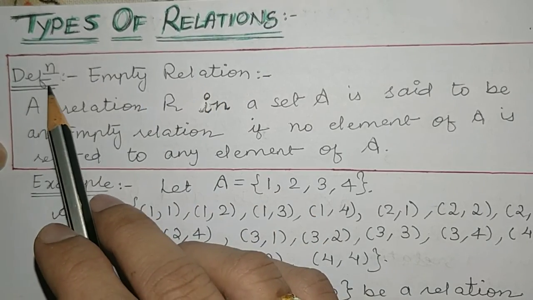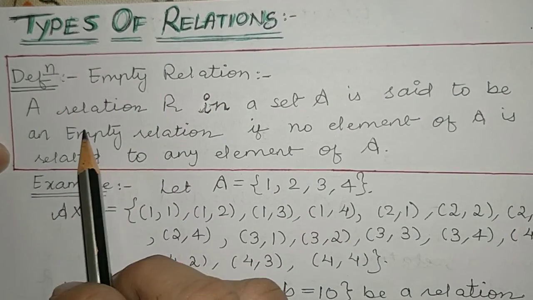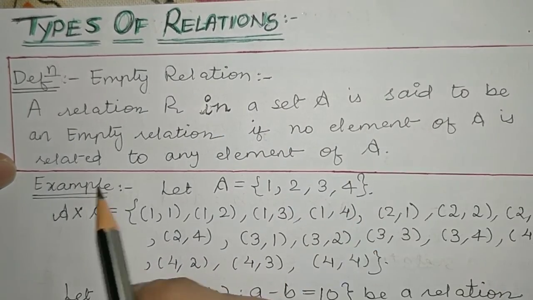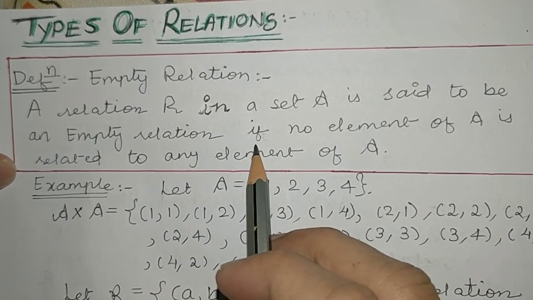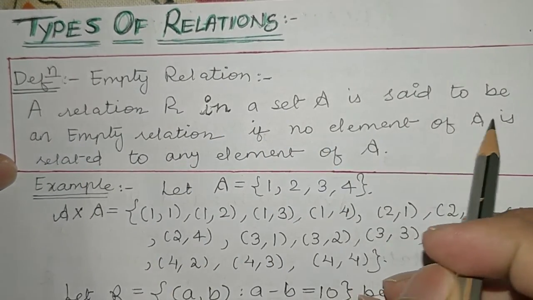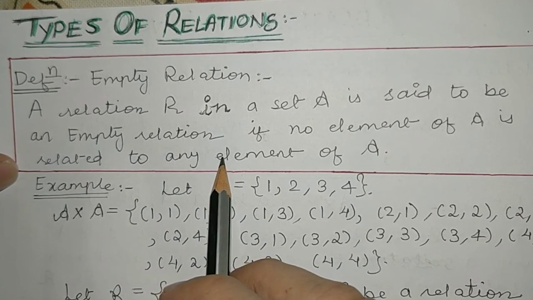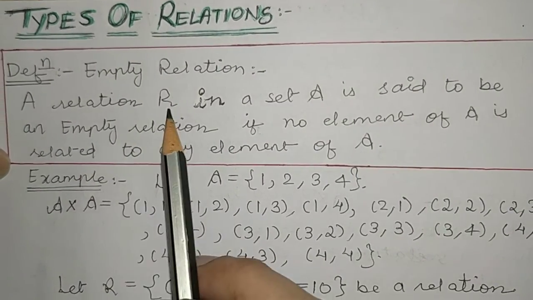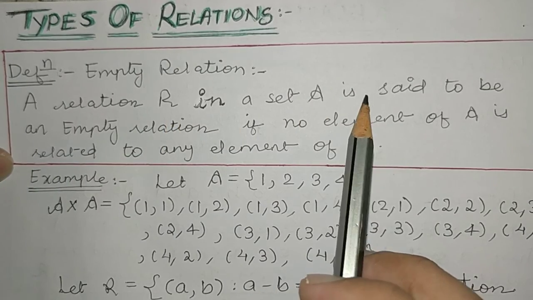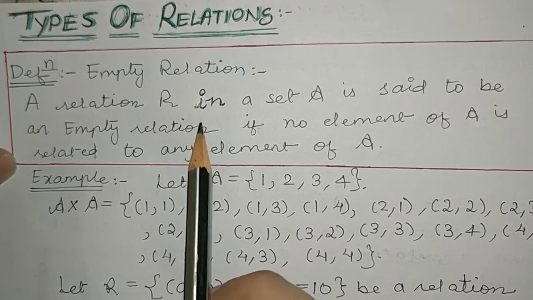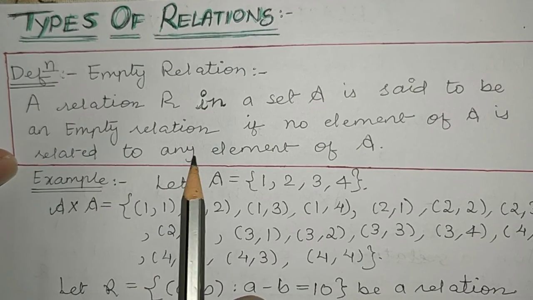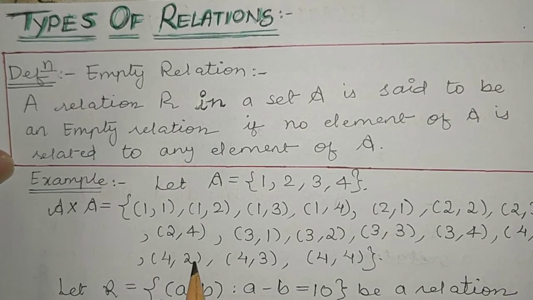Let us look at the definition of an empty relation. A relation R in a set A is said to be an empty relation if no element of A is related to any element of A.